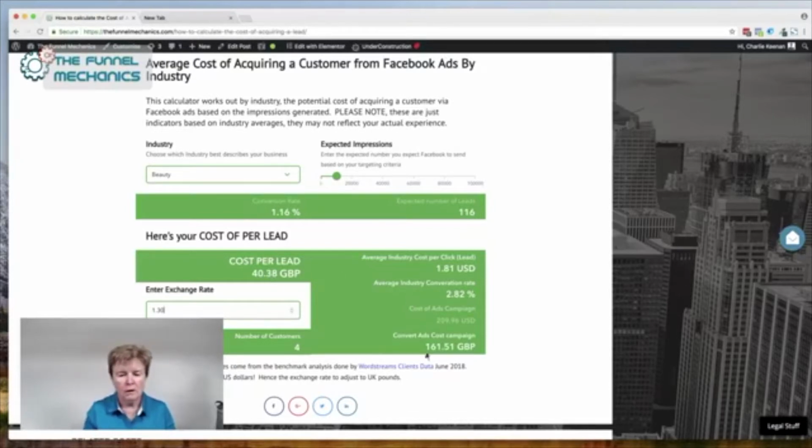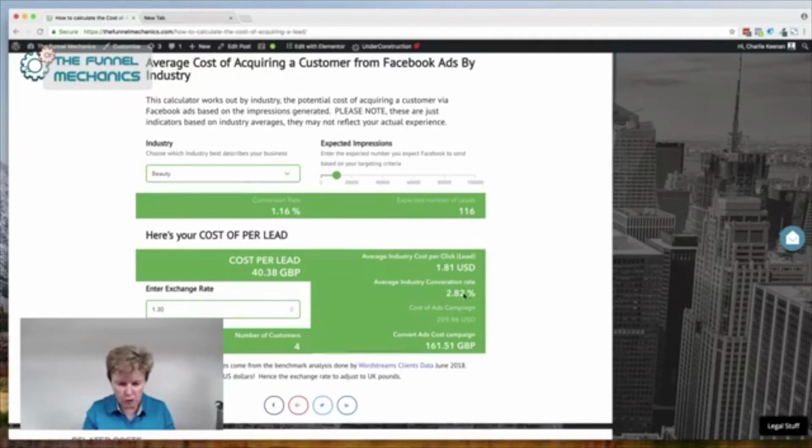Well, the cost of the ads is effectively 1.18 times 116, and that gives you the $209. And then I've converted it with the exchange rate that we've entered here. So that costs you £161 to get 116 leads.